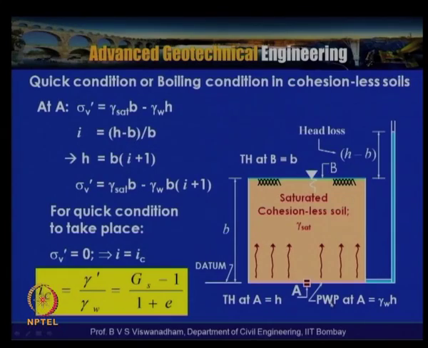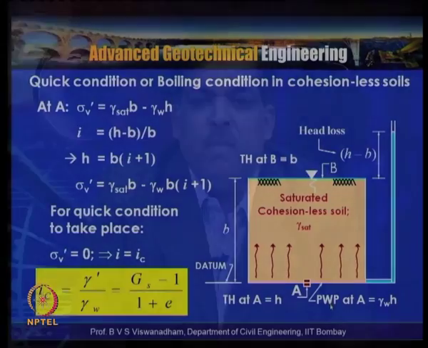So, by simplifying, we can write H is equal to b into i plus 1. By substituting in sigma v dash is equal to gamma sat b minus gamma w H, we can write gamma sat b minus gamma w b into i plus 1. We have written H in terms of b and i.